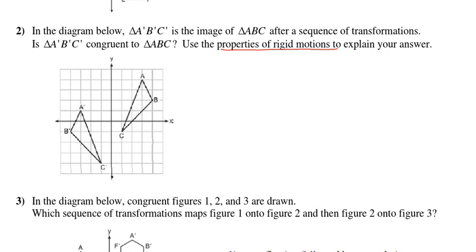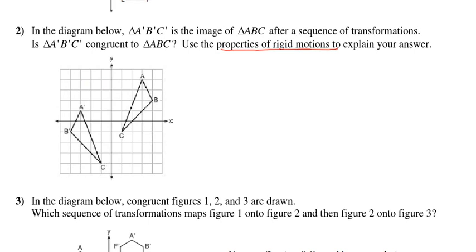So if I reflect on the y-axis first, point A is 3 units to the right, so the reflection of A should be 3 units to the left. So here would be the image of A. And then we have B, which is 4 units to the right.